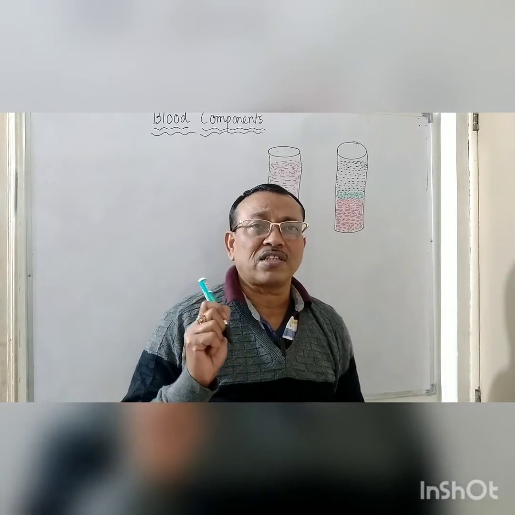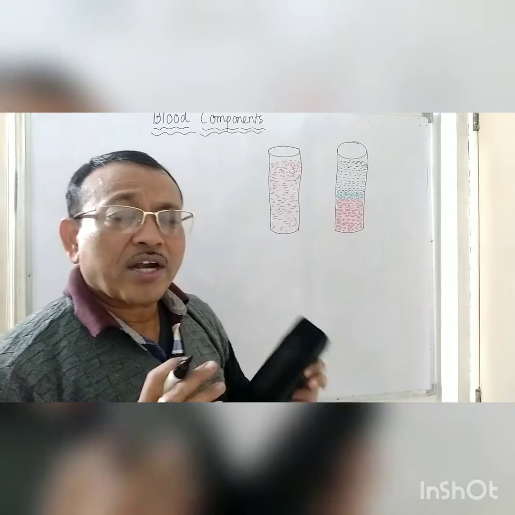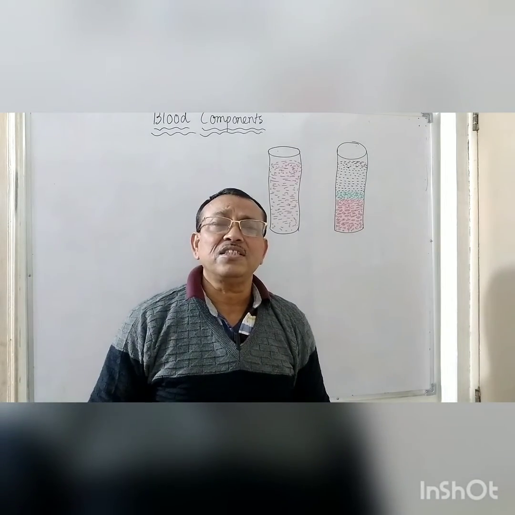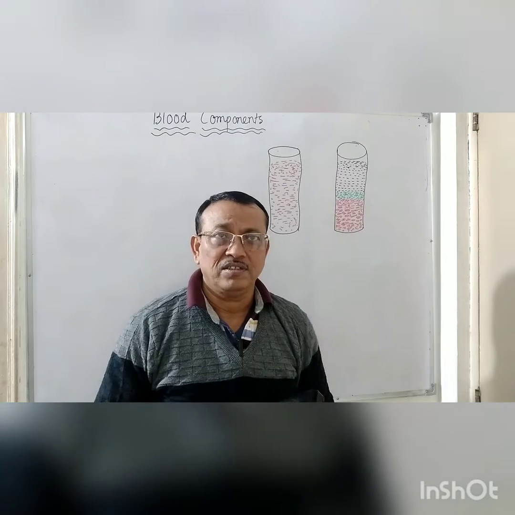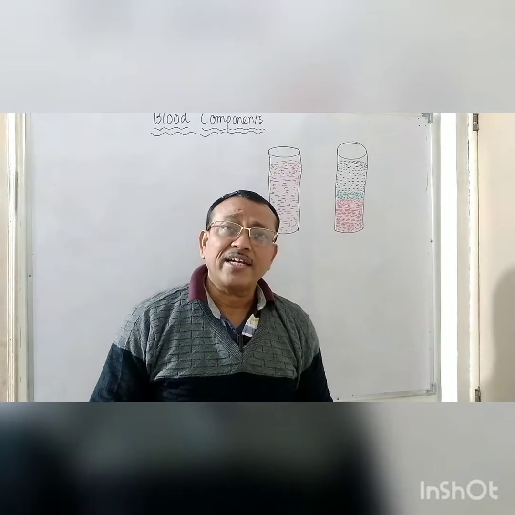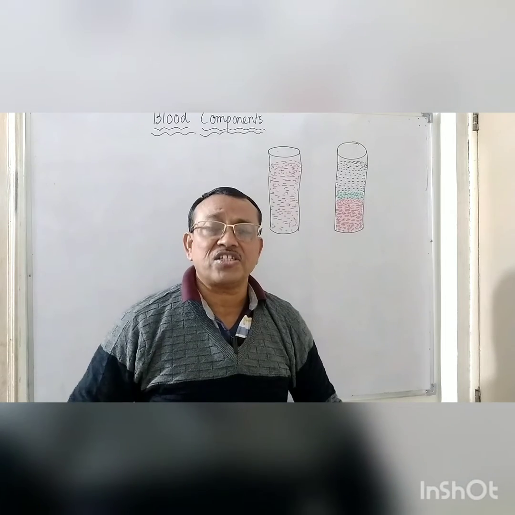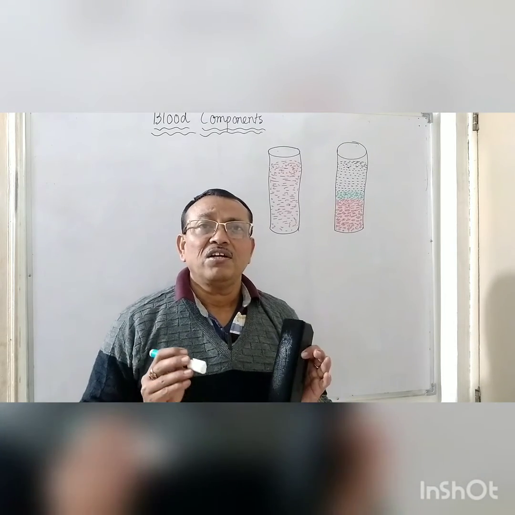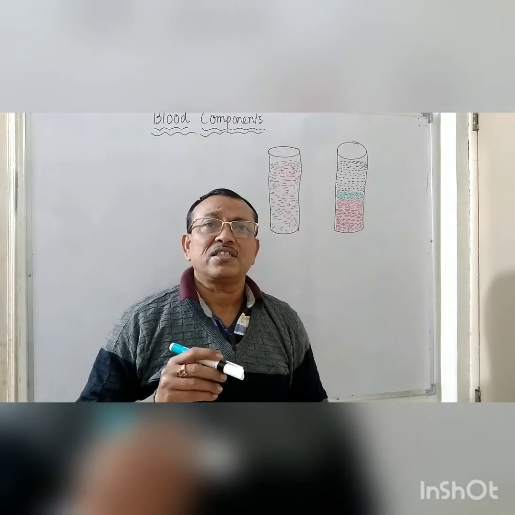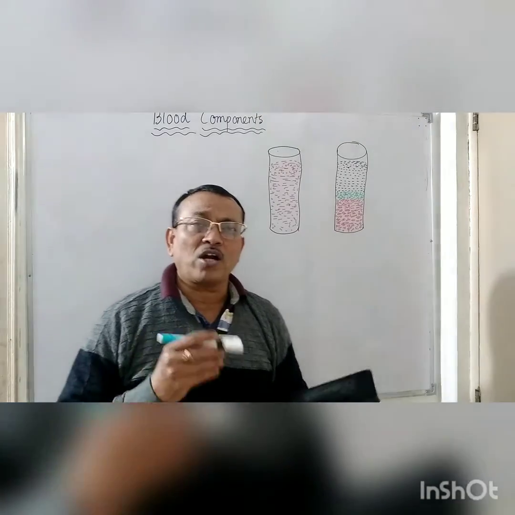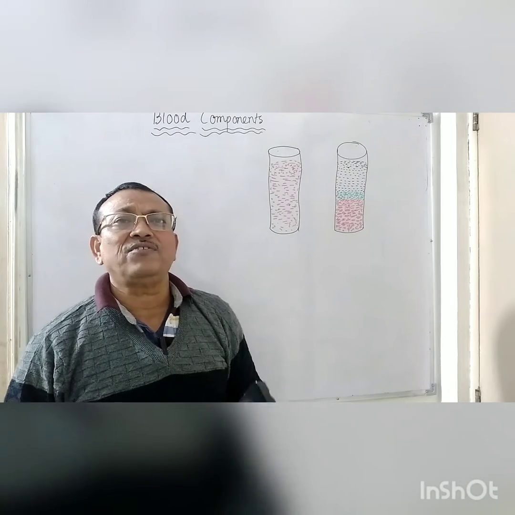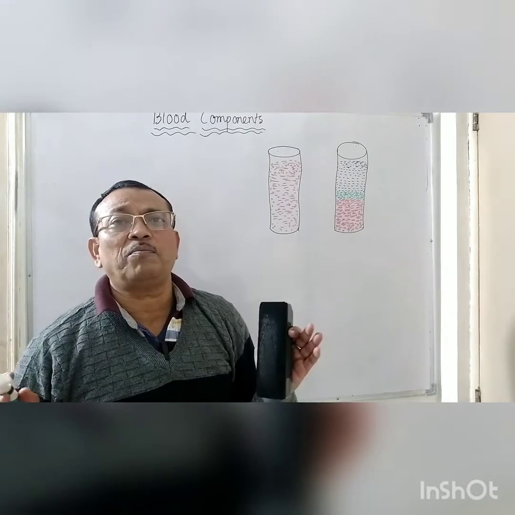So today I will start with the introductory part of the blood. First let us see what is blood. Blood, you know, is a red colored fluid which transports substances from one part of the body to another and supplies different substances to the body cells.